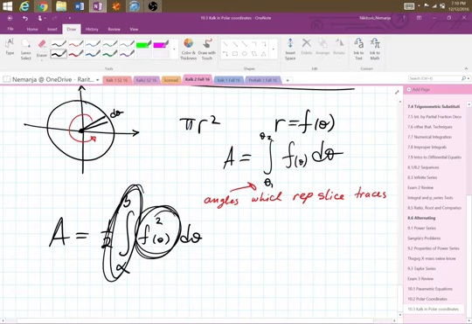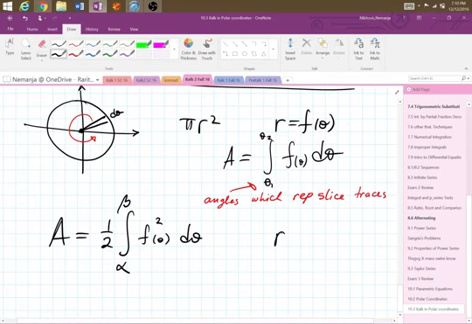So pi r squared. Can you do that again? One more time. We know that r equals f of theta. So this here is r squared, and you're going to get your pi from the limits, because these are angles in radians. What is a radian? One radian is the ratio between the arc length and the radius.